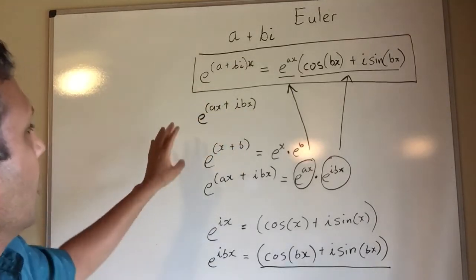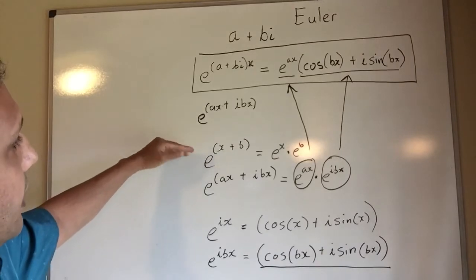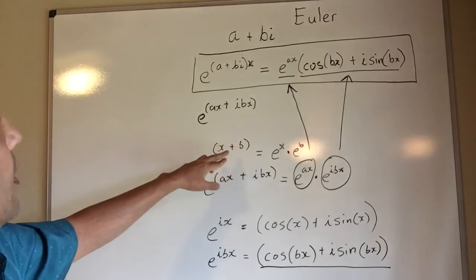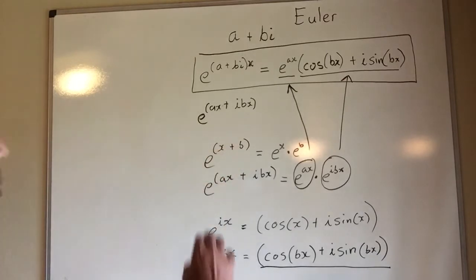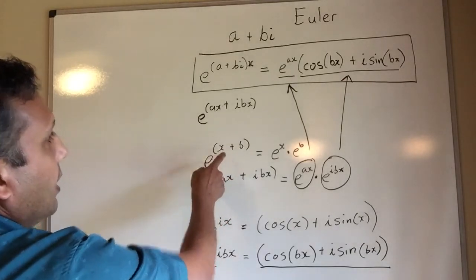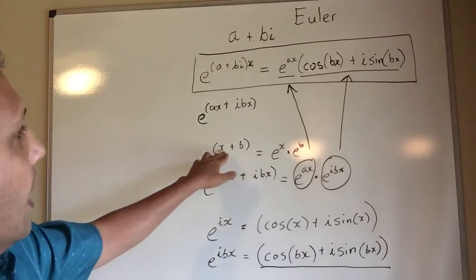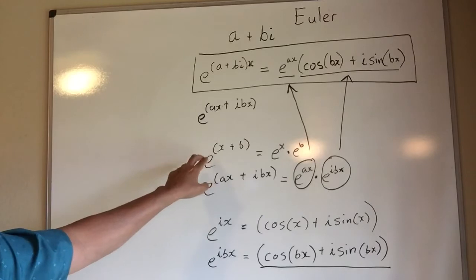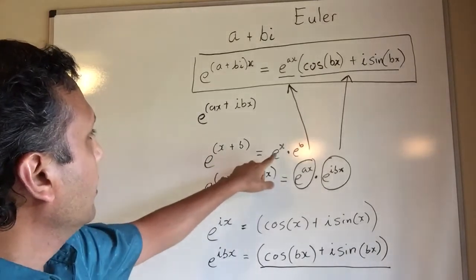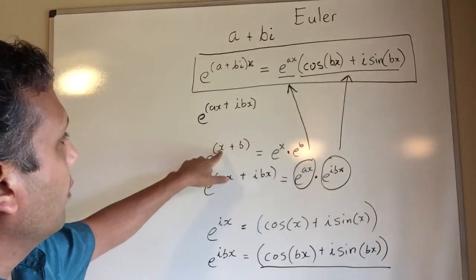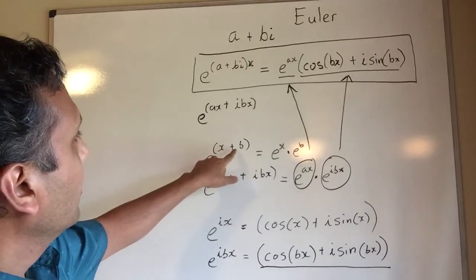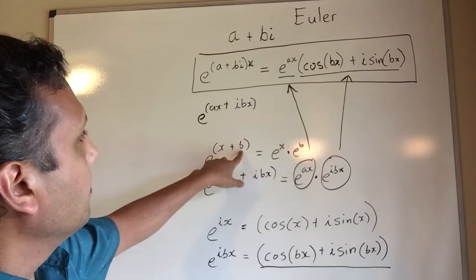Now, I remembered that e to an exponent that is a number added to another number can be rewritten as e to the power of one of the terms multiplied by e to the power of the other term.